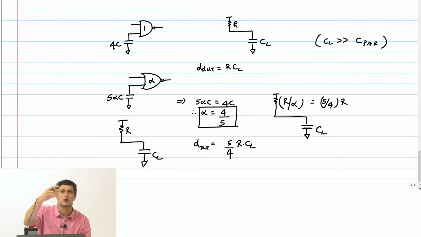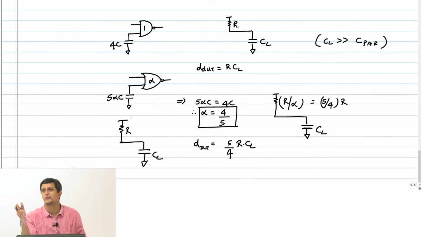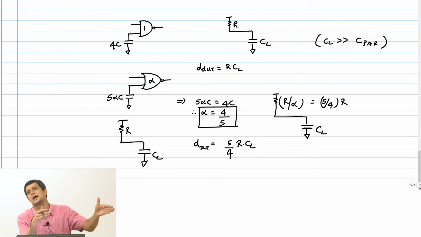By a factor of 2 or 3 or whatever it is, in order to normalize the resistance. That is what logical effort is all about. So if I give you two gates and say logical effort of gate A is less than logical effort of gate B, then it means that it is better to use gate A than gate B, because I can get the same drive strength by presenting a lower gate capacitance to the previous guy using gate A than gate B.